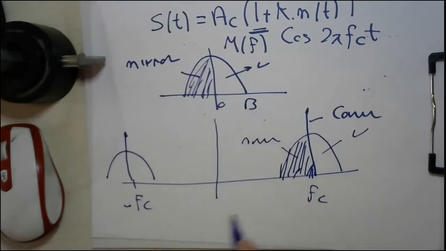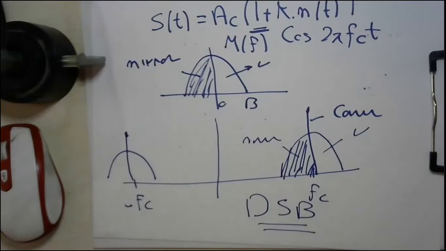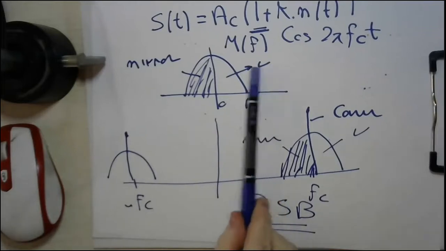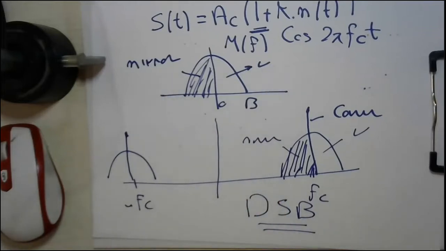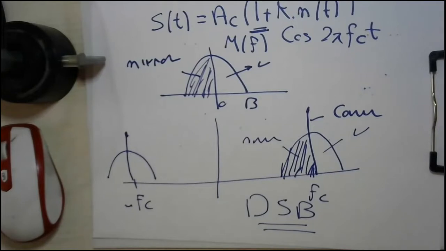That's why we call this AM modulation double sideband AM modulation. Because you are sending both sides of the message, the positive side and the negative side. We call it a double sideband. So in this way of modulation, you are sending a double-sided message in addition to the carrier.